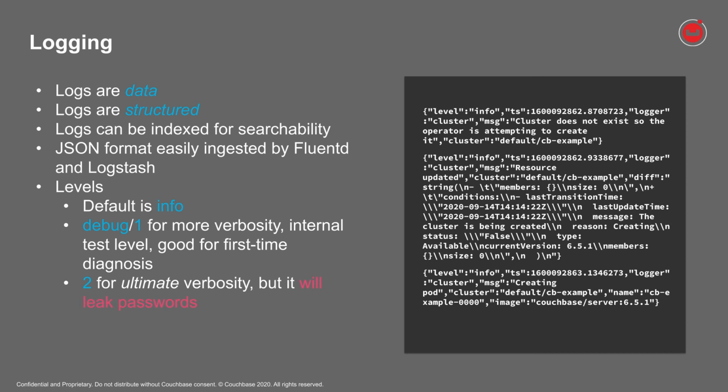There is another level as well, which is level 2, which is really, really hardcore. If you're interested in seeing literally all the data packets that are sent between the server and the operator, then you can do that with this level. Unfortunately, because this is so detailed, we have full header outputs in there as well.